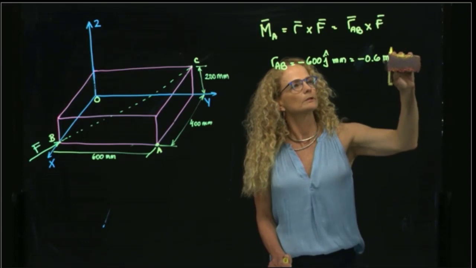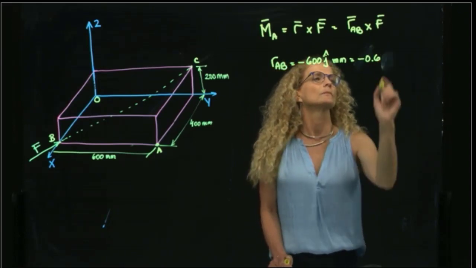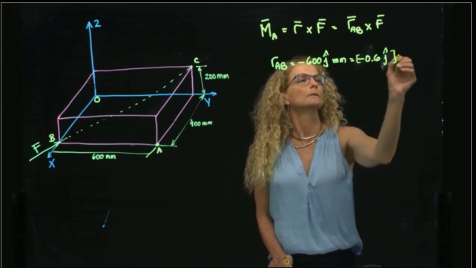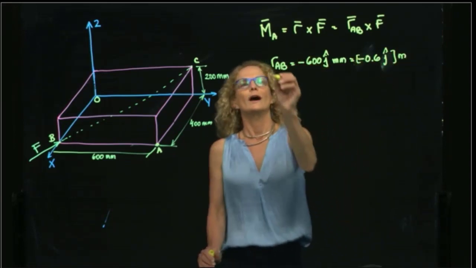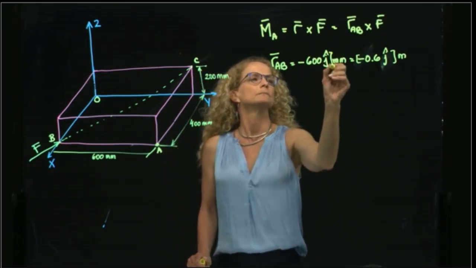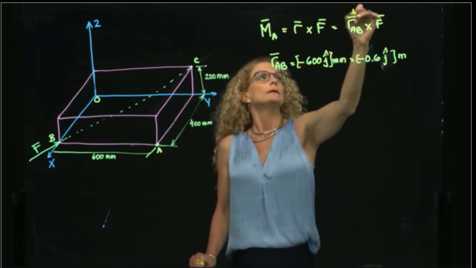Let me put the j before. j in meters, and this is a vector, and this is a unit vector. So we got this vector over here.